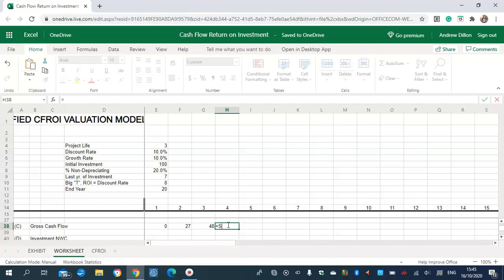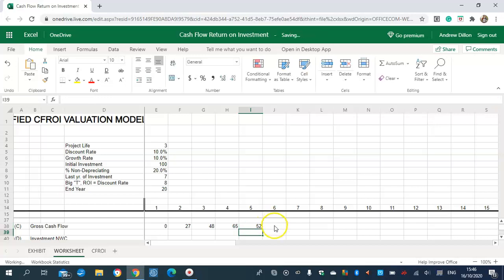Equals number 4, H21 to H36, brackets, 65. SUM again for number 5, and 52. Now to number 6.